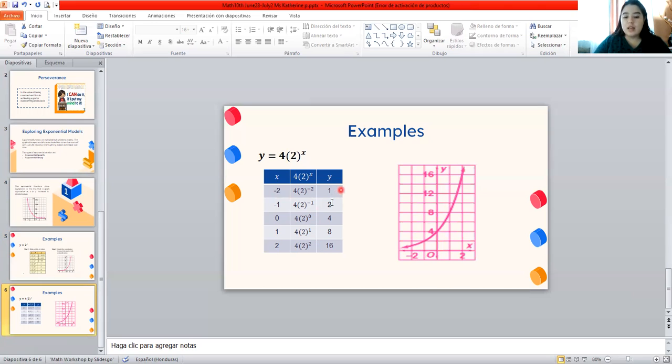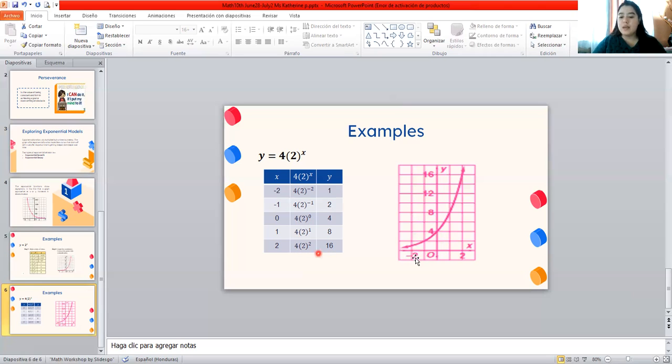So we have the answer for this equation: 4 times 2^-2 equals 1. 4 times 2^-1 equals 2. 4 times 2^0 is 4. 4 times 2^1 is 8. 4 times 2^2 is 16.